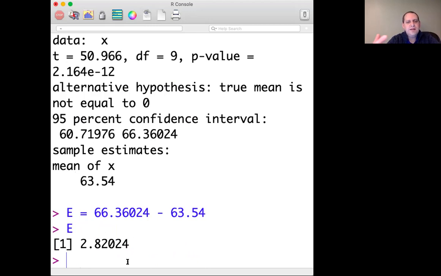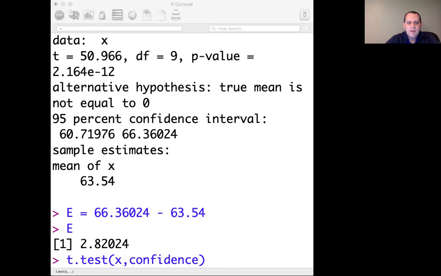If I wanted a 99% confidence interval, I would still do t.test, but I would have to change the command at the end here, to conf.level. I'm looking at my own R commands here.